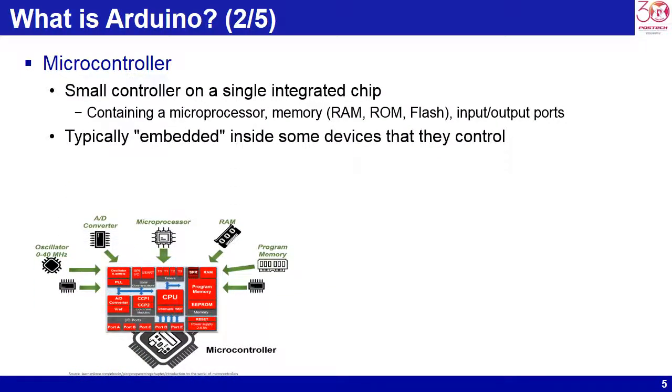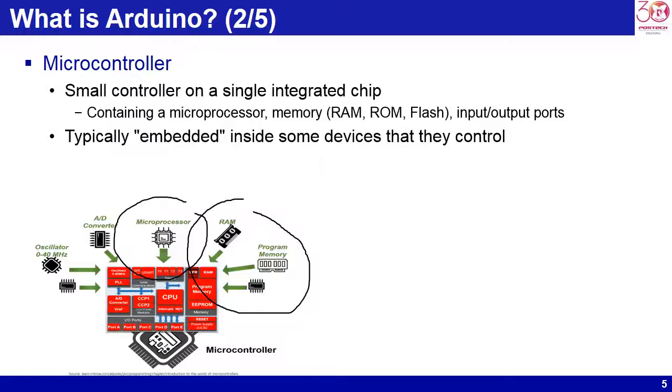The core component of Arduino board is the microcontroller. Well, what is a microcontroller? You can think of it as a small controller on a small chip. It contains a microprocessor, memory, such as RAM, ROM, flash memory, and various input and output ports as illustrated in the diagram on the left bottom of this slide.